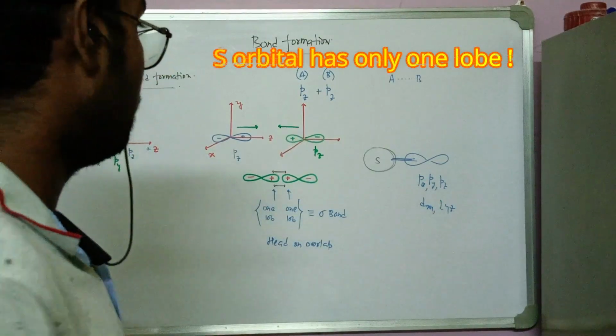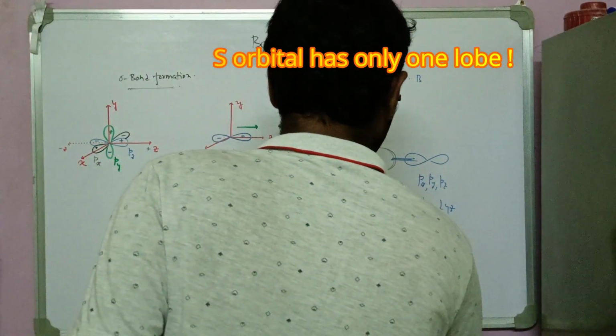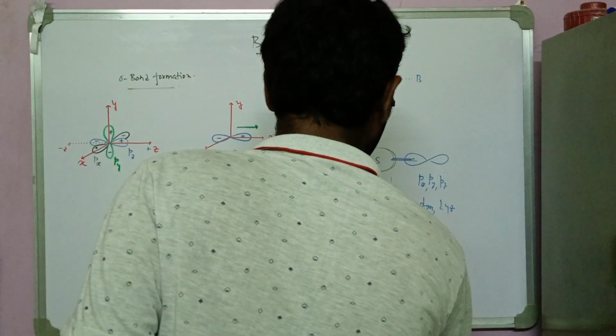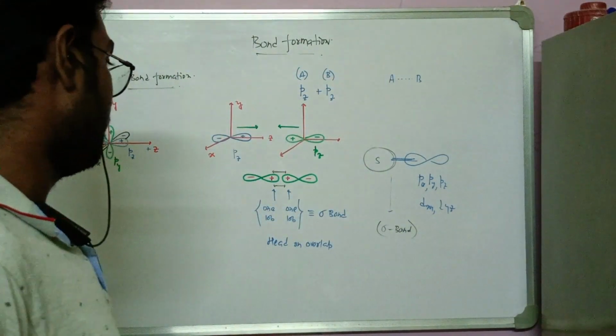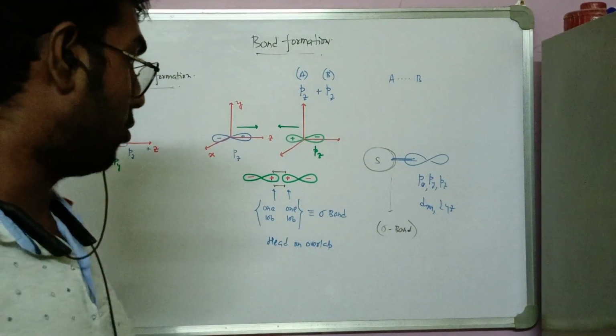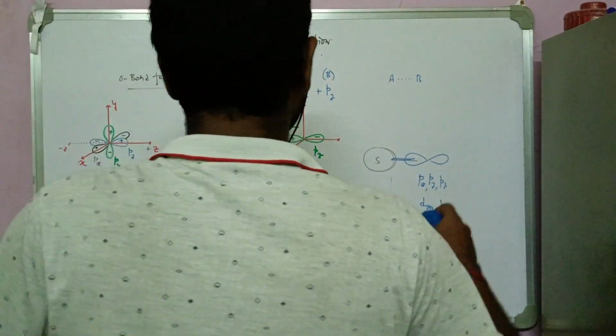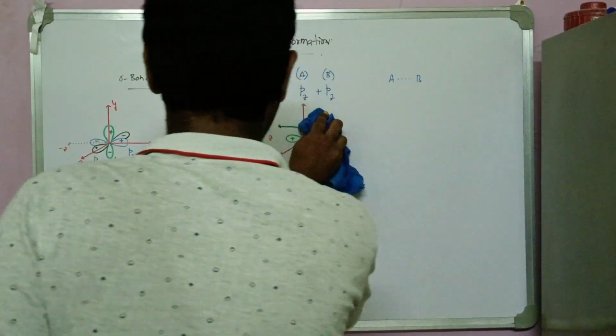So no matter what orbital comes, it will always form sigma bond. So if s comes in the picture in the bonding, then it will always form the sigma bond. So let's discuss the pi bond now.